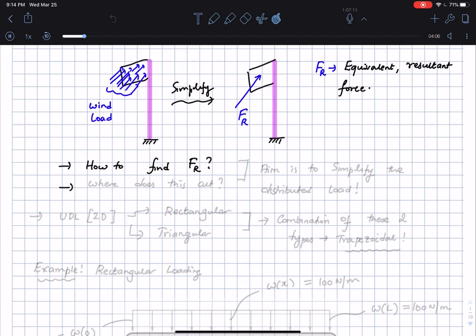Where does this act? Both of these are aimed at simplifying the distributed load.